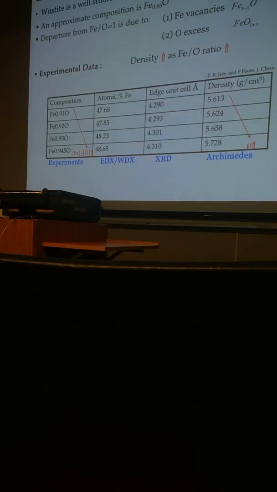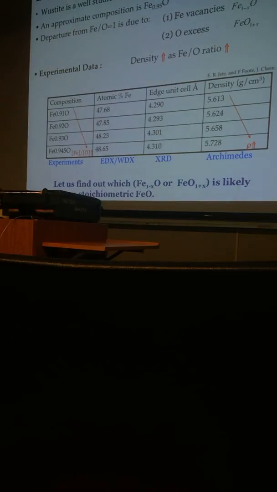Then you may ask, let us find out which is likely in non-stoichiometric iron oxide: the iron deficient, or iron vacancy model, or the oxygen excess model. Which one is actually correct? This is the question we can raise.